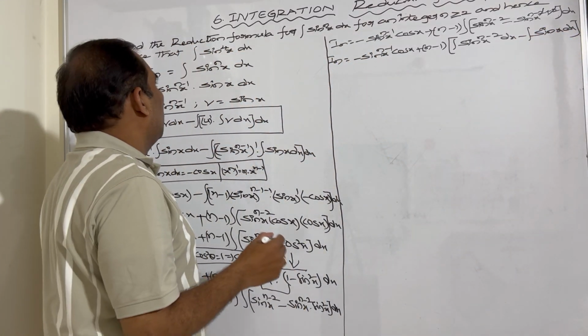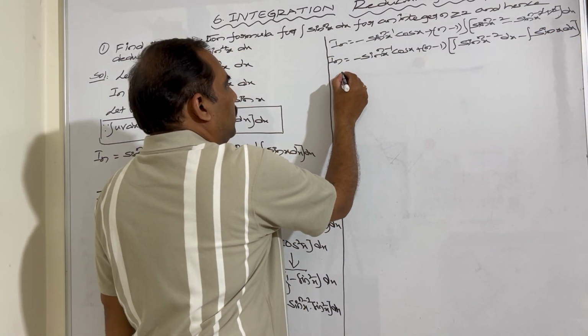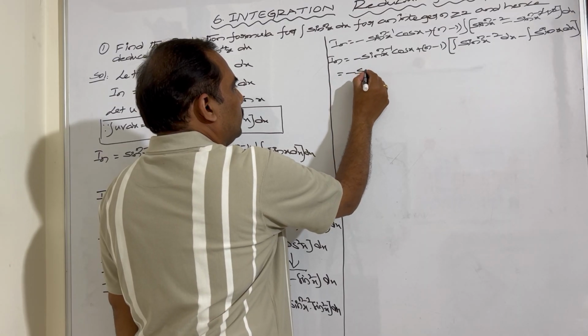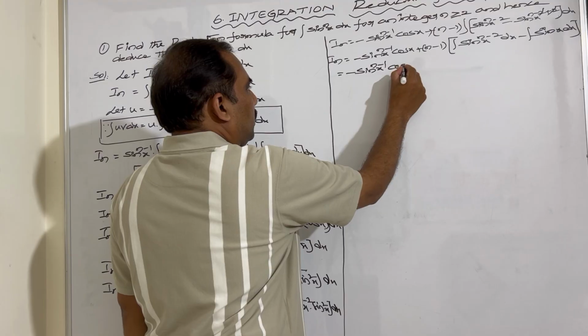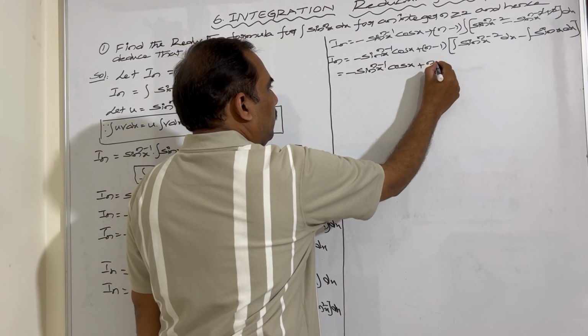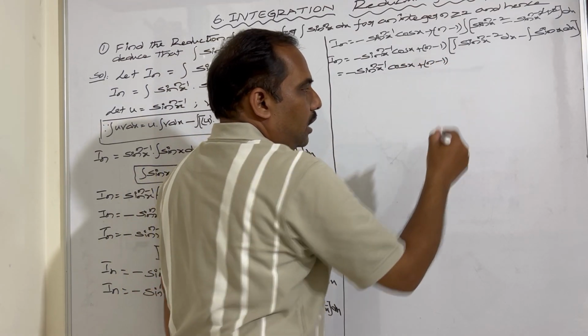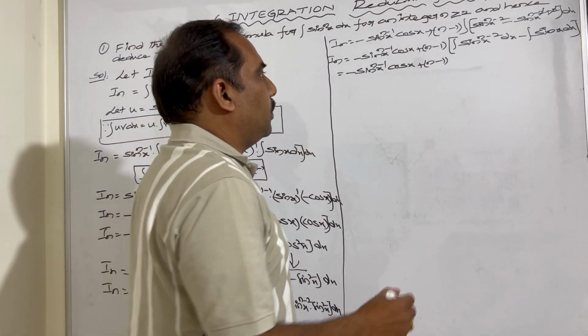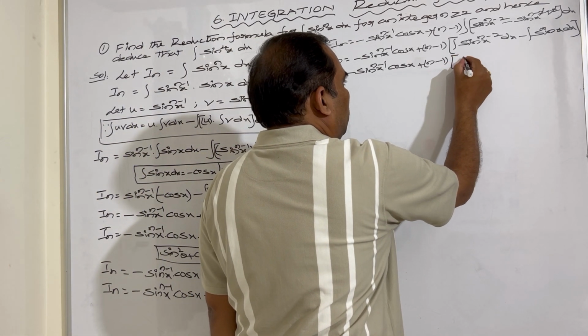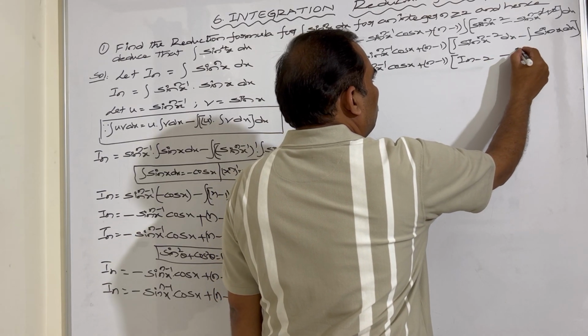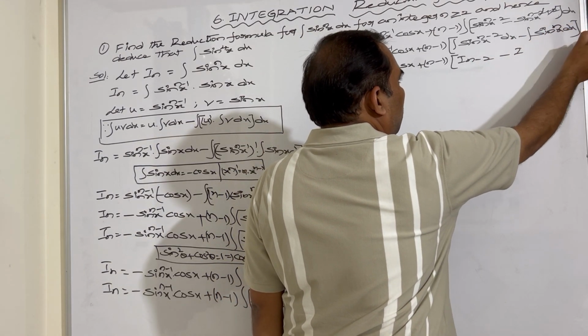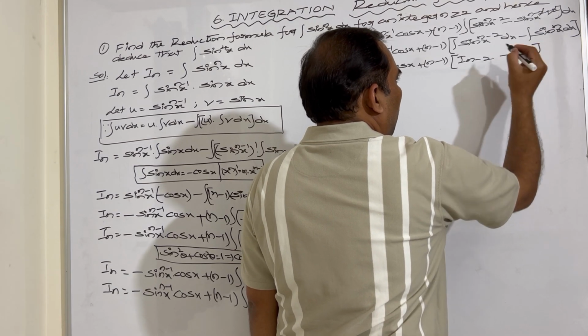And further here, which can be written as now I_n is equal to minus sin x power n minus 1 into cos x plus n minus 1 into here. So integral sin x power n minus 2 dx we can write I_(n-2), and here minus integral sin x power n dx which can be written as I_n.